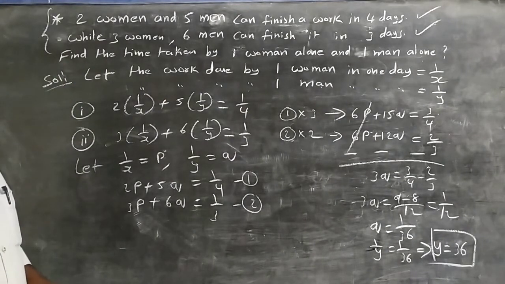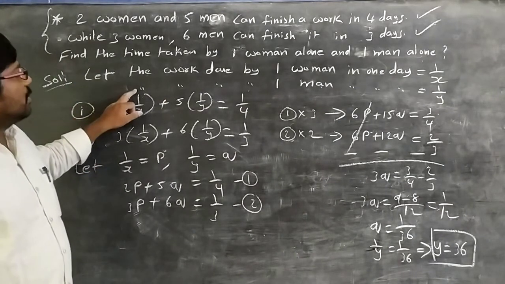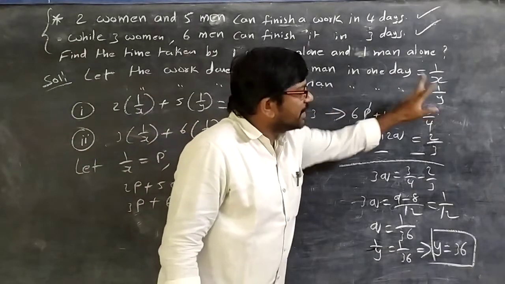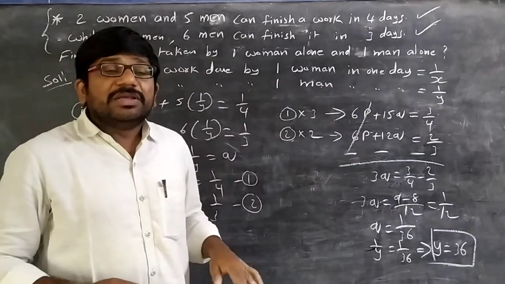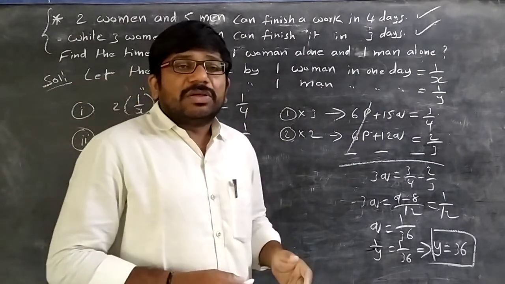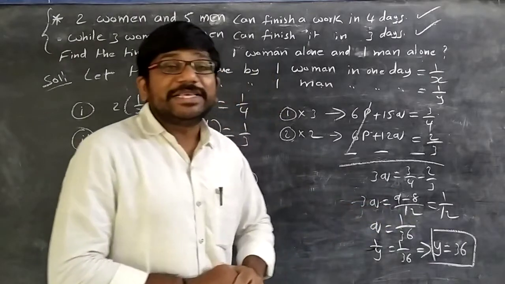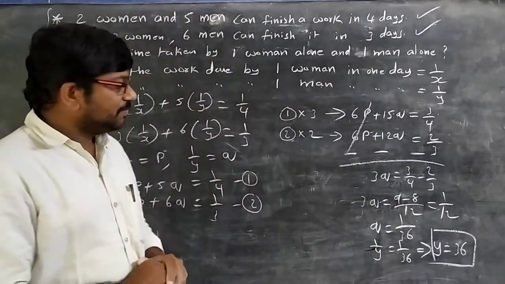The work done by one man in one day is 1 by y. Then in how many days is the work completed by one man? 36 days.